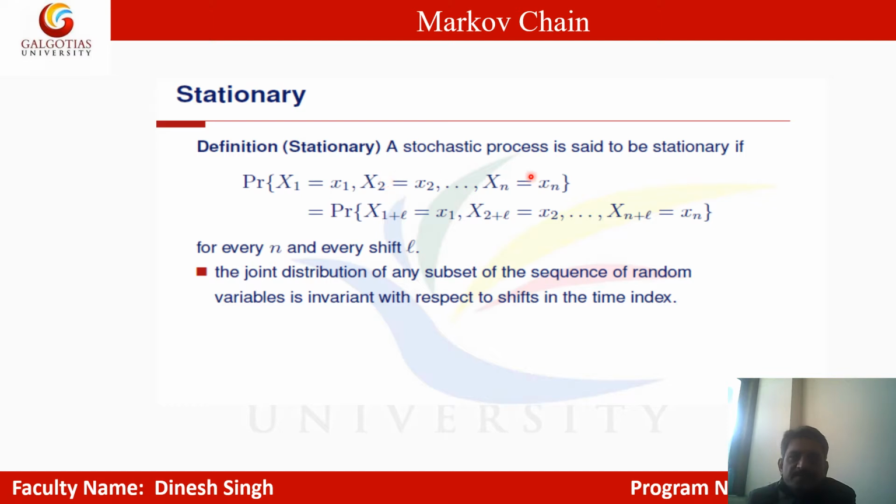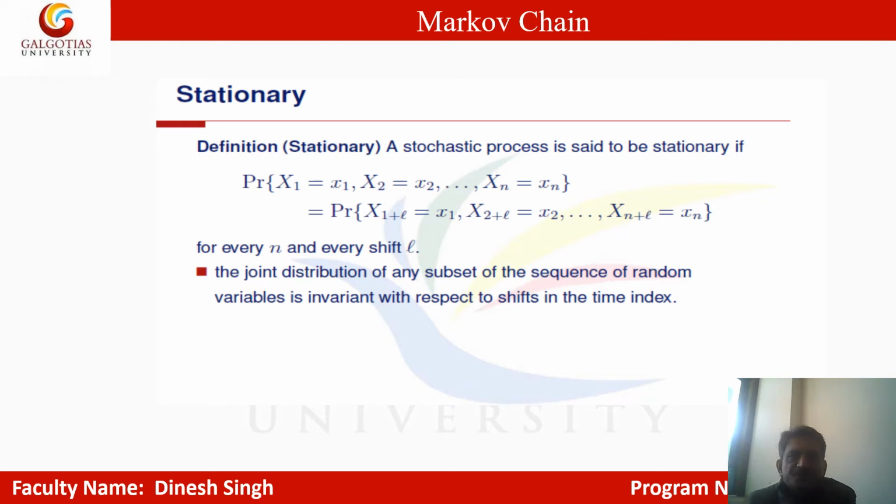A stochastic process is said to be stationary if the probability of X1 equal to x1, X2 equal to x2, up to Xn equal to xn is the same as the probability of X1+L equal to x1, X2+L equal to x2, and Xn+L equal to xn, for every n and every shift L. So L is the shift.